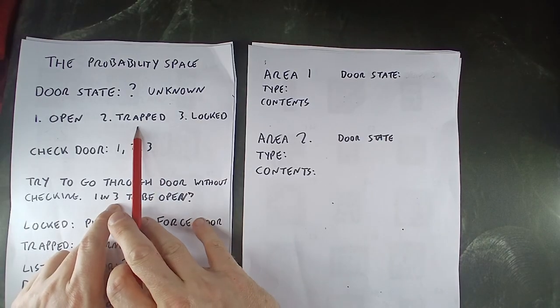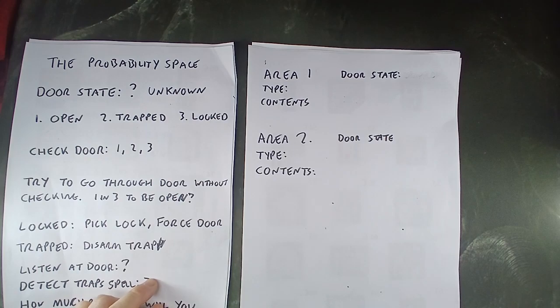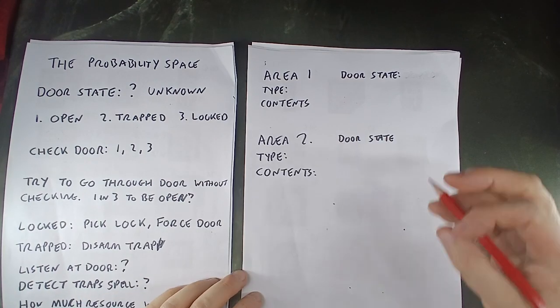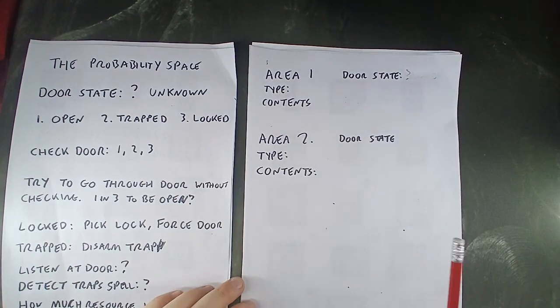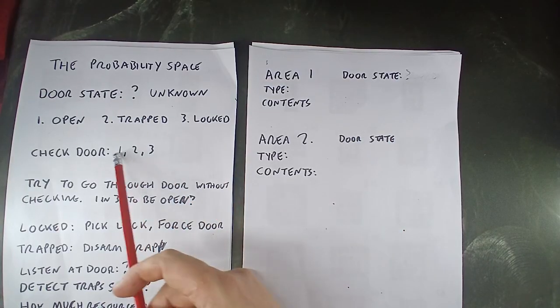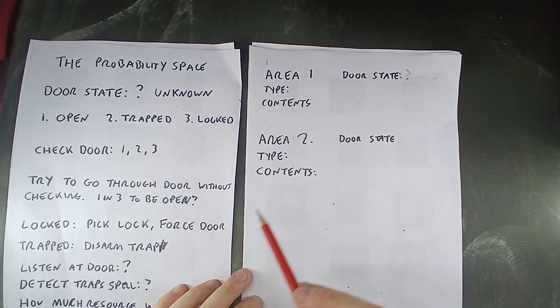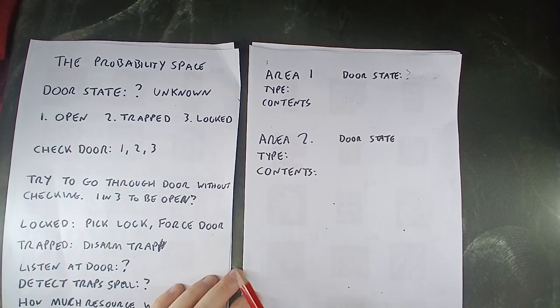I know there's a 2 in 3 chance of the door being trapped, but I'm going to try it anyway. So in this instance, the door state would be that I don't know what it is. I make a move. I then have to roll on the same probability space, 1, 2, or 3, to find out what state the door is in.